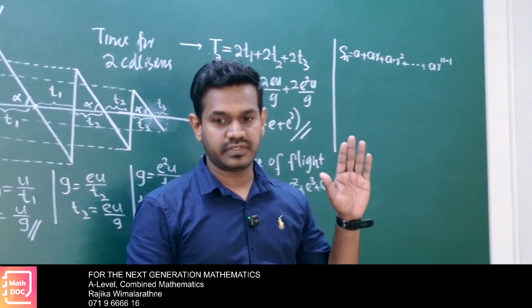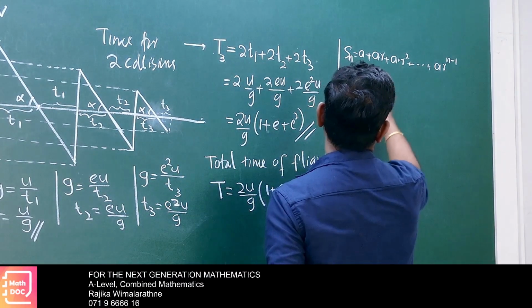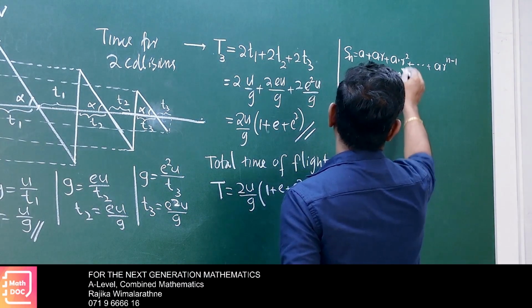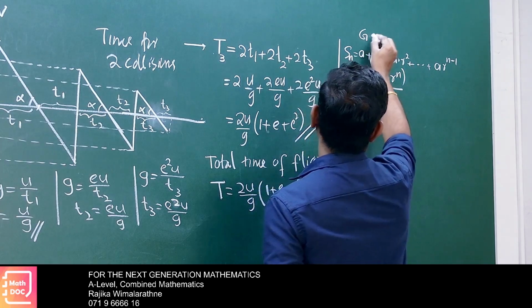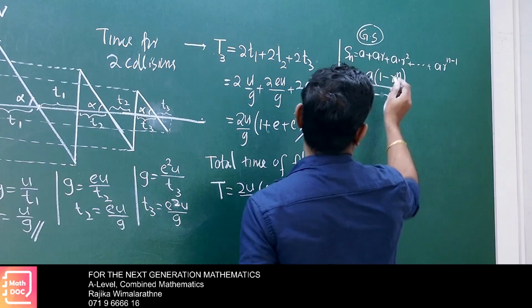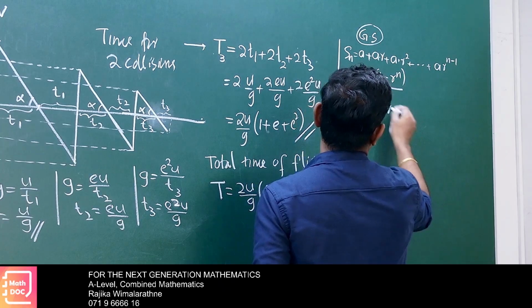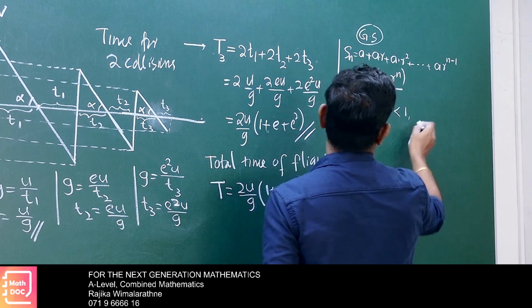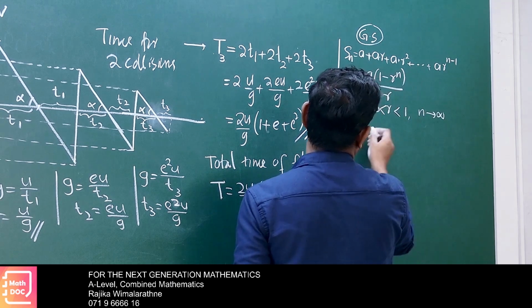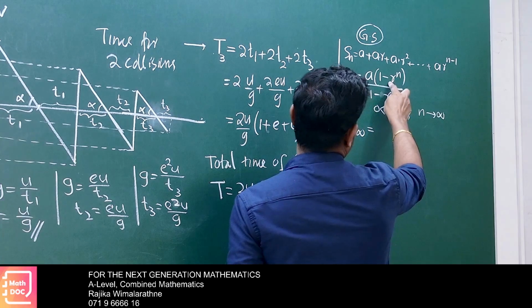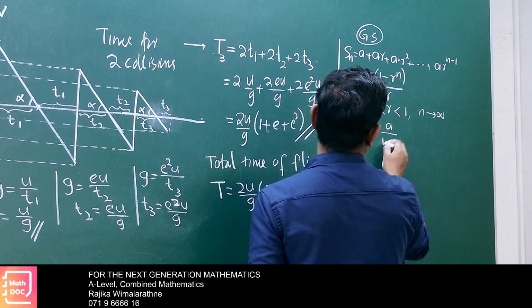So you know that geometric series sum is a times 1 minus r to the power n divided by 1 minus r. Okay. So let r be between 0 and 1, n goes to infinity. That means infinite series sum. Here r fraction to the power infinity is 0, then a over 1 minus r.